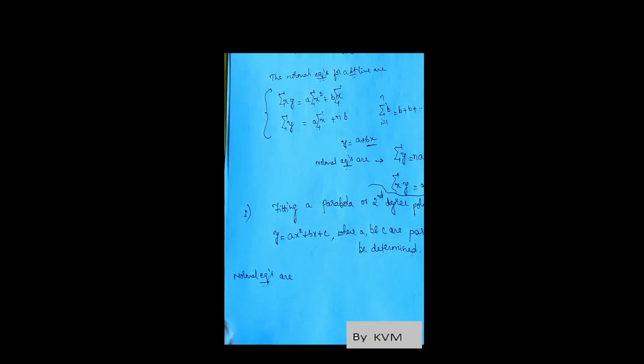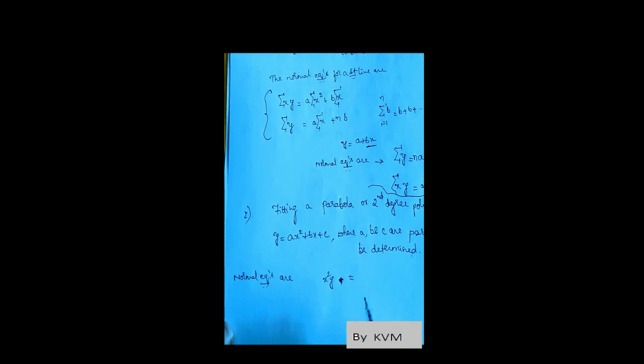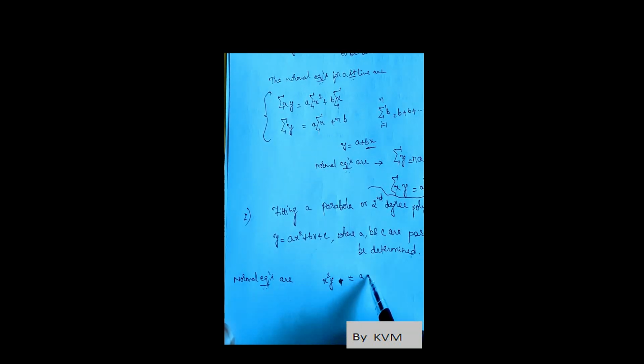Now the normal equations are as follows. In the first term the power of x is 2, so multiply x square on both sides, then take sigma. So x square y on the left hand side, and on the right hand side a into x square is x power 4, plus b into x square into x is x cube, plus c into x square.